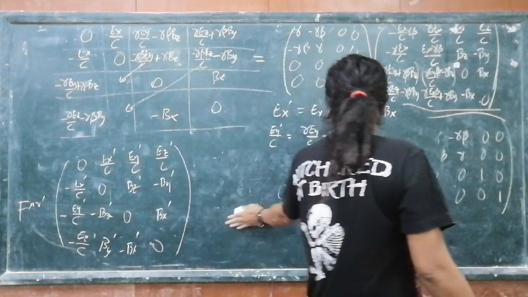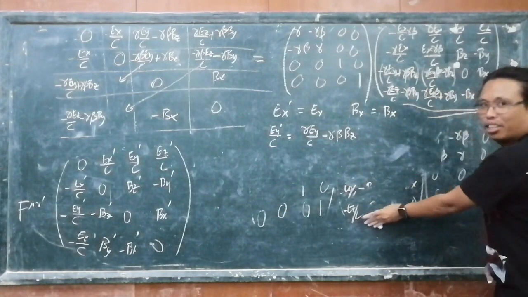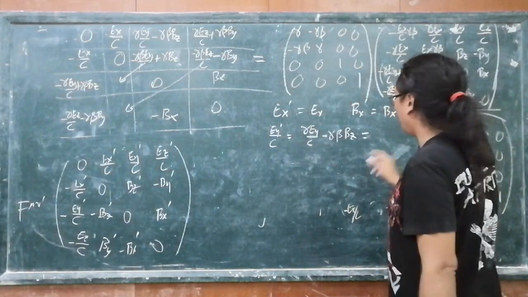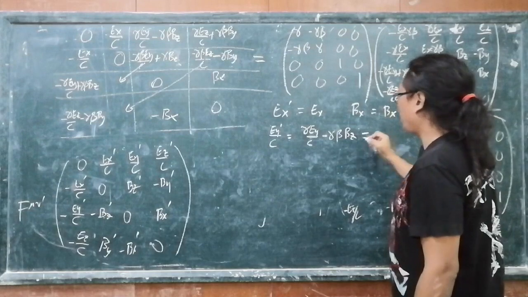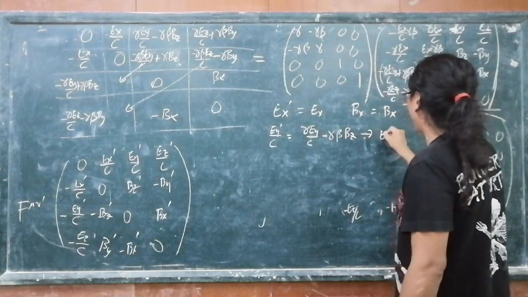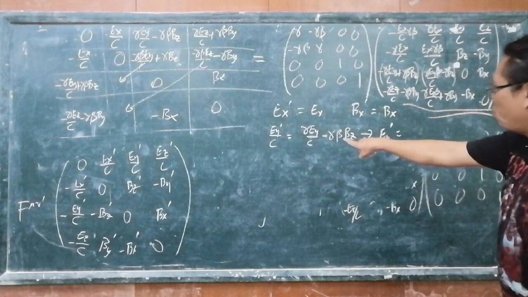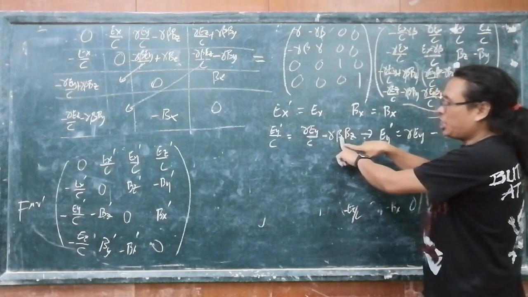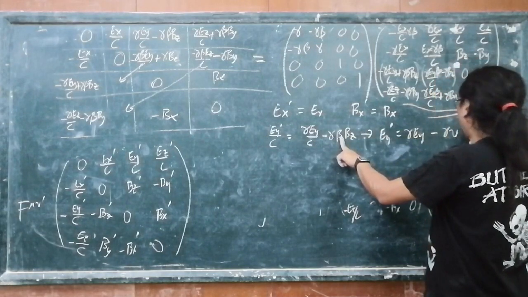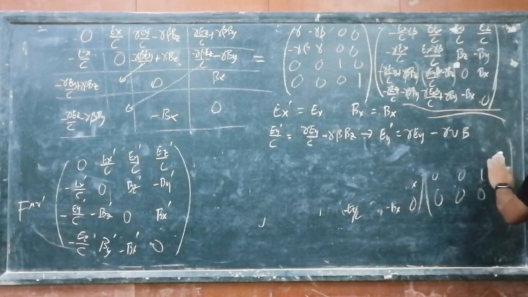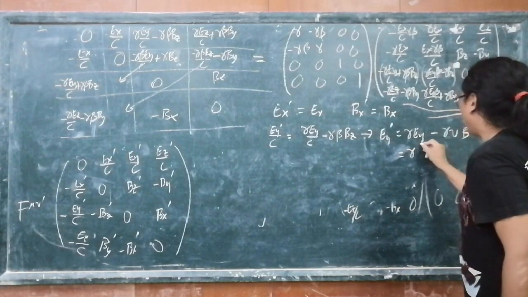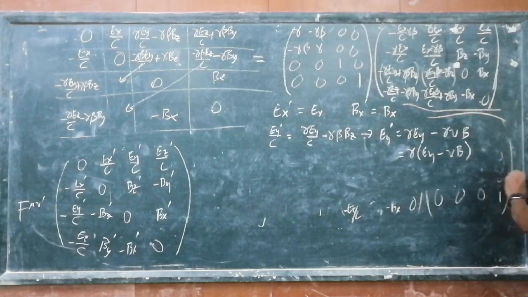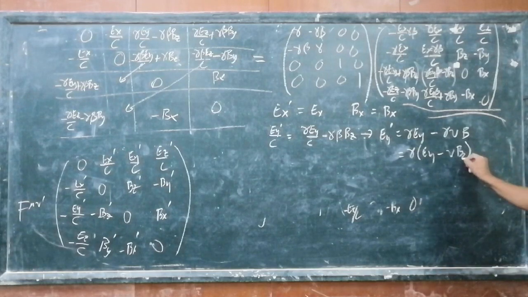Now, this will be related to the curl. So from here, multiplying by C, this becomes EY prime equals gamma EY minus beta B over C. That is gamma EY minus V BZ.